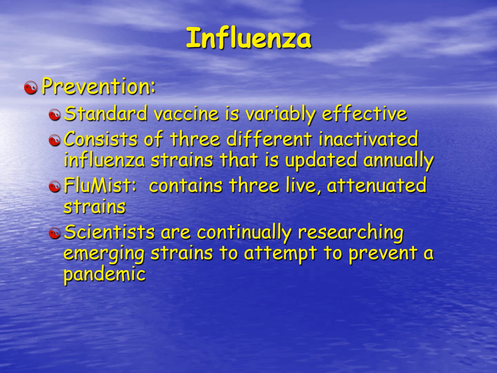So oftentimes when we get a really bad influenza season, it's because our best guess from the last season's strains that made it into the vaccine for this year's flu season is not the strain that we're seeing this year. And so that can be a real problem.